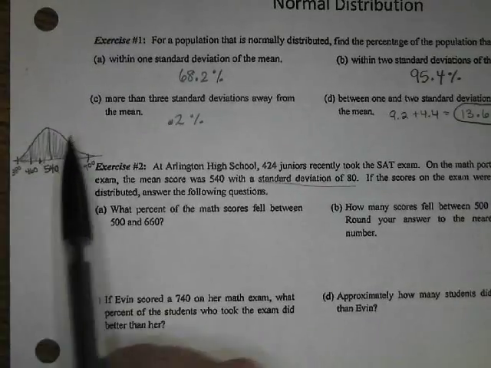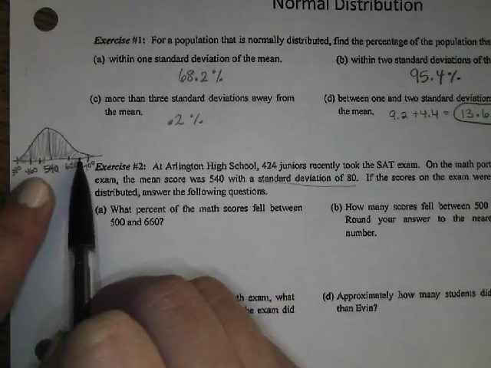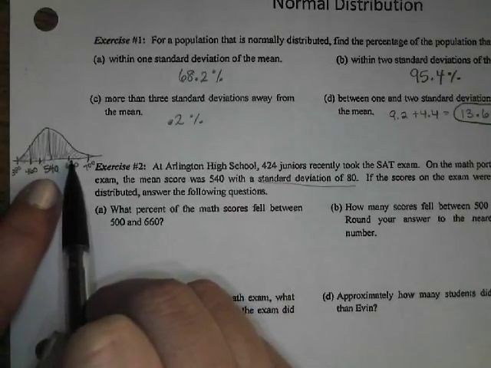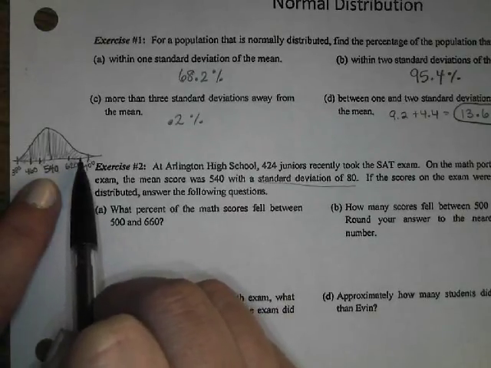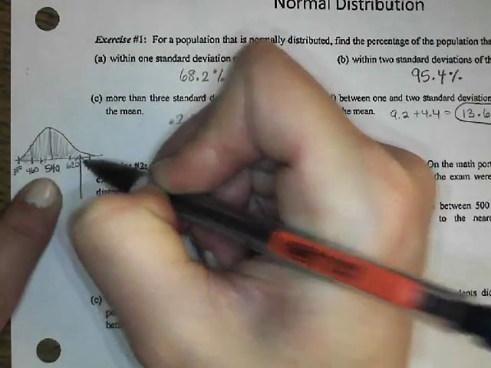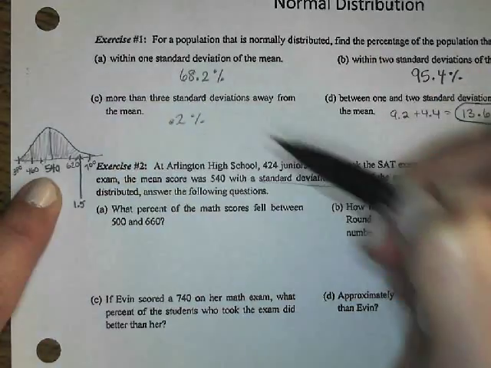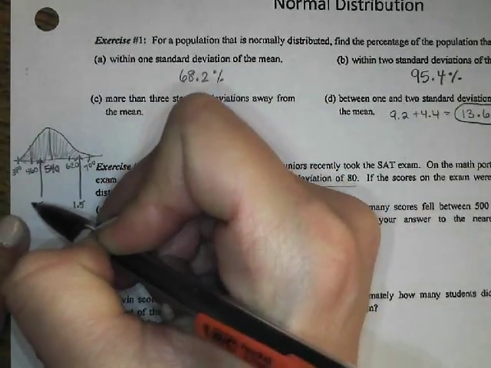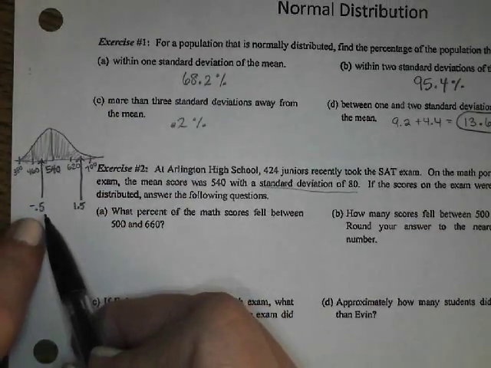And the same is true with 660. Although 660 is halfway between one standard deviation and two standard deviations, so that's like 1.5. So that's 1.5 standard deviations above, and this is 1/2 of a standard deviation below.